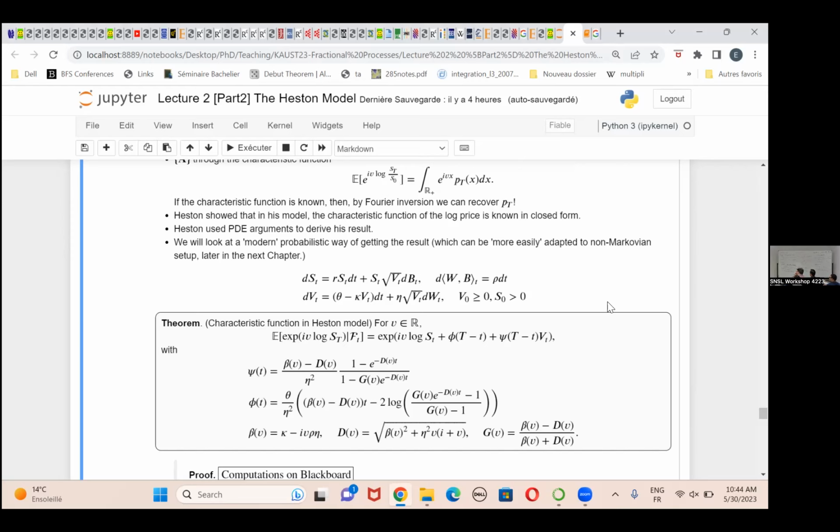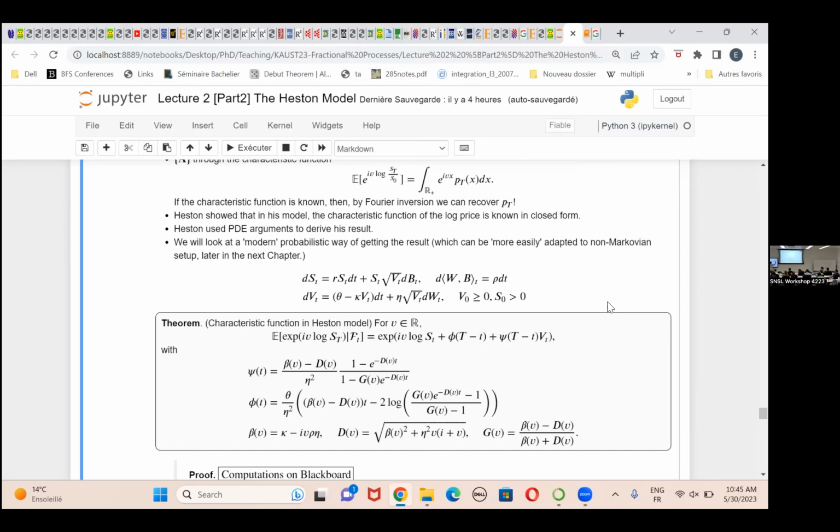And why is this helpful? Because now you can bound M very easily. Why? Because you're interested in taking the modulus of the exponential. So the modulus of the exponential is the real part of phi first, plus the real part of C times v. If u is purely imaginary, this is equal to 1, the modulus of this guy. So you have to control this quantity. But now, under this information, this is negative. v is always non-negative.